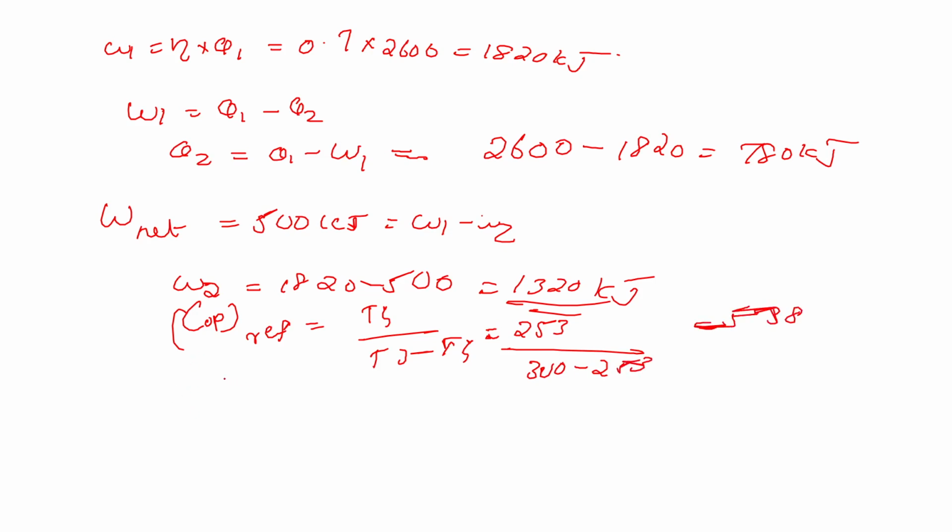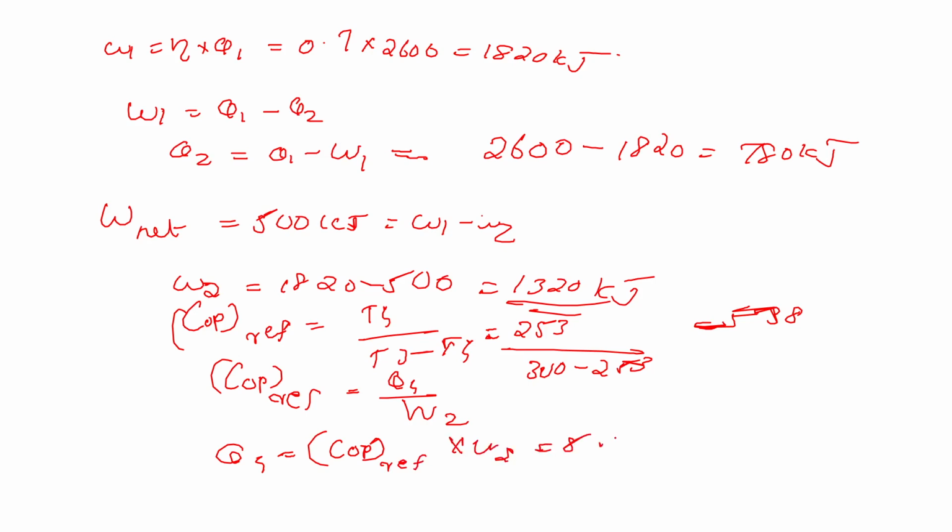Okay, now COP of refrigerator you can write as Q4 divided by W2. So from there Q4 you can write as COP of refrigerator times W2. It will be 5.38 times 1320, it will be 7101.6 kilojoule.